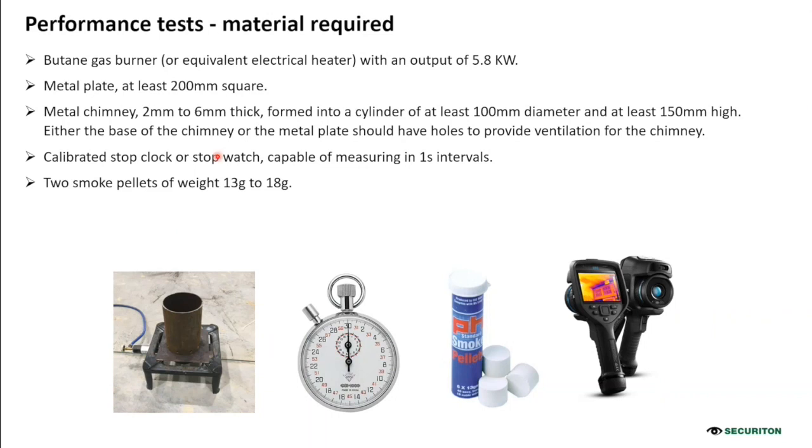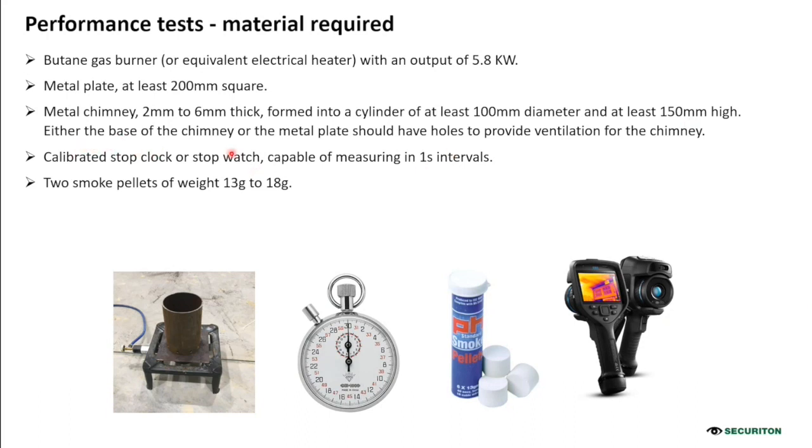It is quite easy. You just need a butane gas burner or electrical heater with a power of 5.8 kilowatts. Then you need a metal plate, at least 200 millimeter square, and a metal chimney, which has to be 2 to 6 millimeters thick, in a cylinder with a diameter of at least 100 millimeters and a height of at least 150 millimeters.